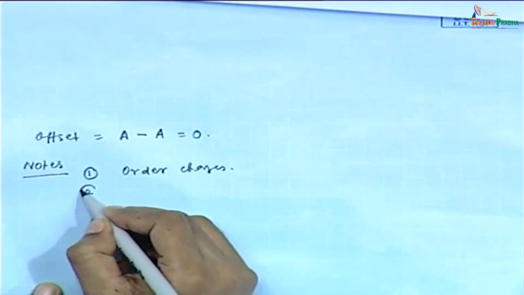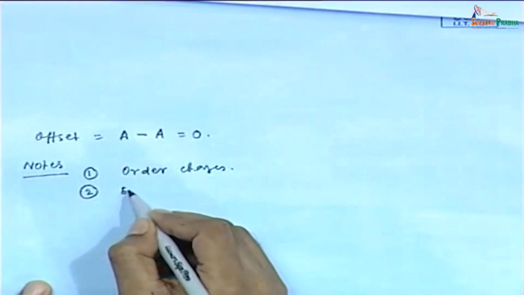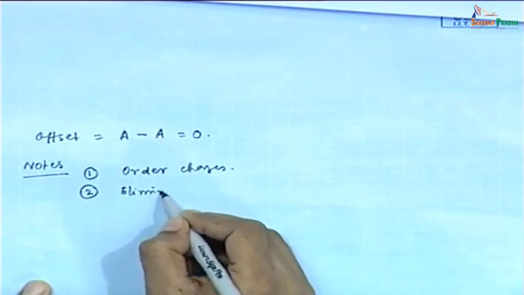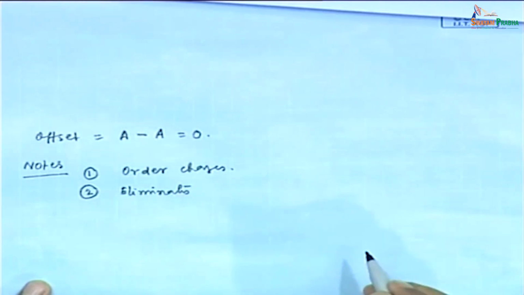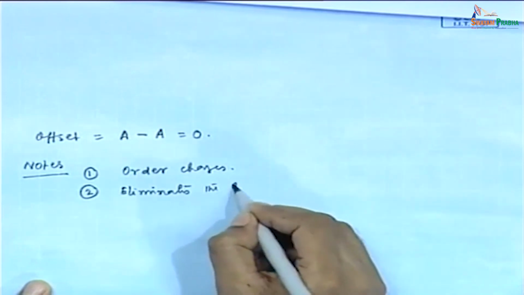Second point is, we have seen that due to the inclusion of integral action, the offset becomes 0. So, integral control action eliminates the offset.